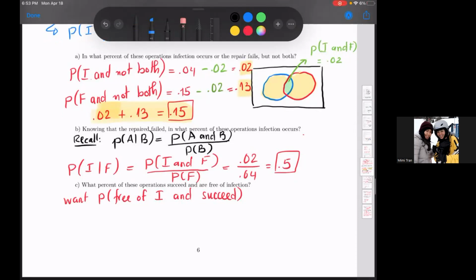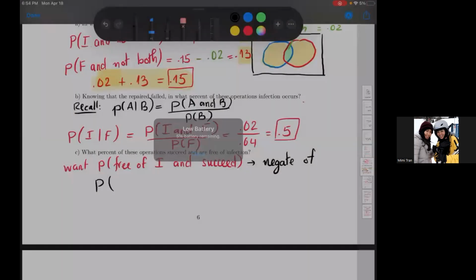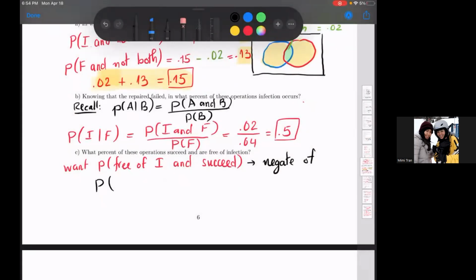So this one right here is the negate of what? Oh, P of infection and failure is the negate of that.